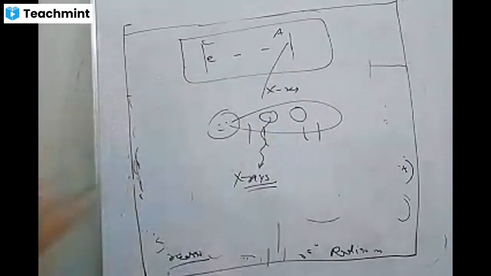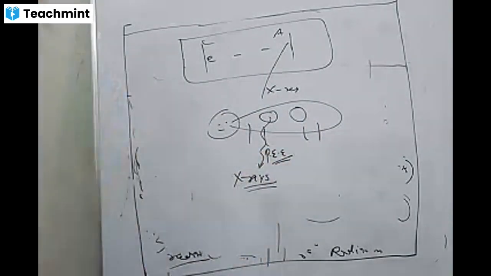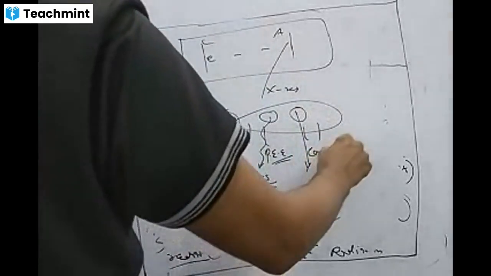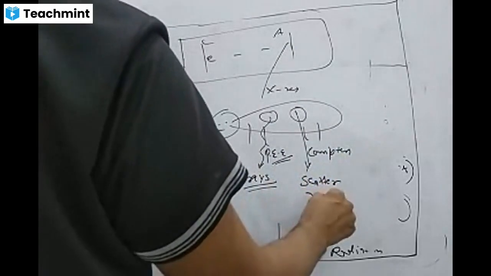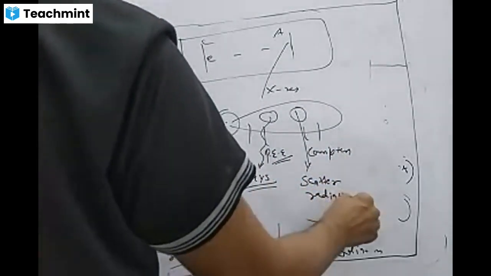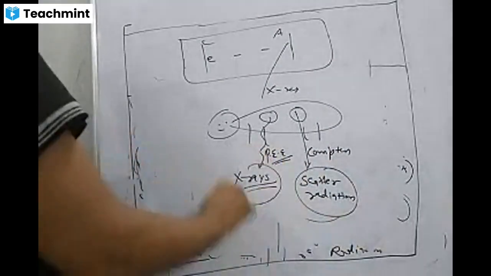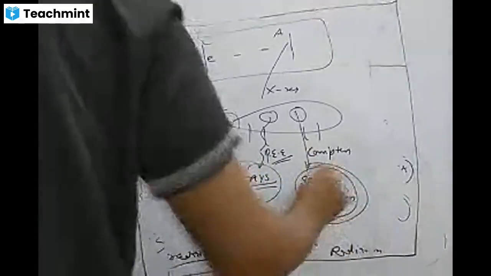And by which mechanism? Photoelectric effect. Then the other thing, we have Compton effect. That will give you scatter radiation. So the photoelectric effect will give you X-rays and Compton will give you scatter radiation.